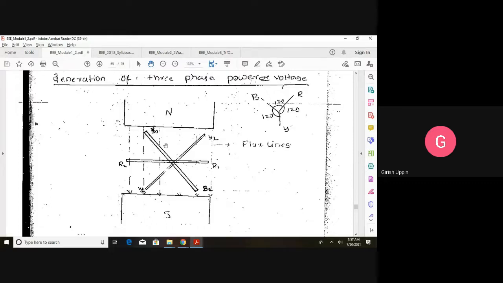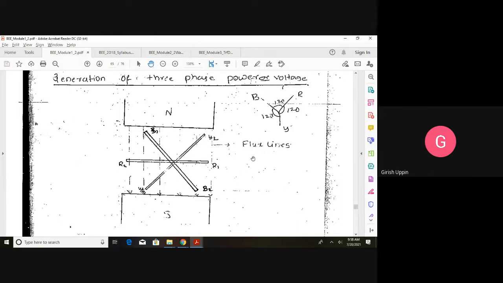When we are rotating this, even these windings are going to rotate. So let us say this is the reference point. When this Y1 will come to this point, the Y1 will have to rotate for 120 degree. Means first at zero reference, R1 will start producing the EMF.